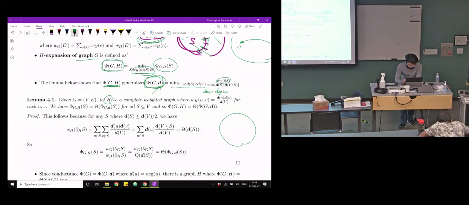Let H be a complete weighted graph, such that the weight between U and V is defined as d_u times d_v over D of everything. I will prove that the H expansion of any cut will be within a constant factor of the D expansion of the same cut.